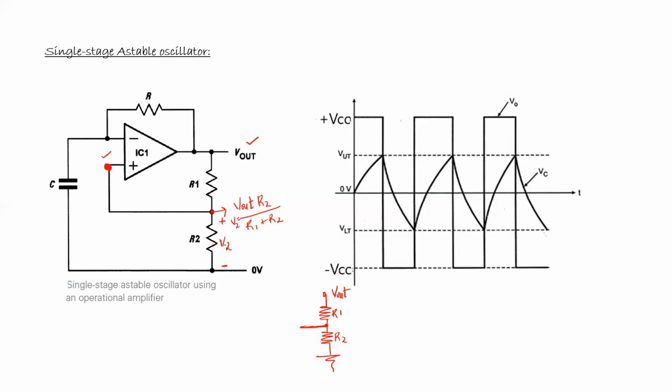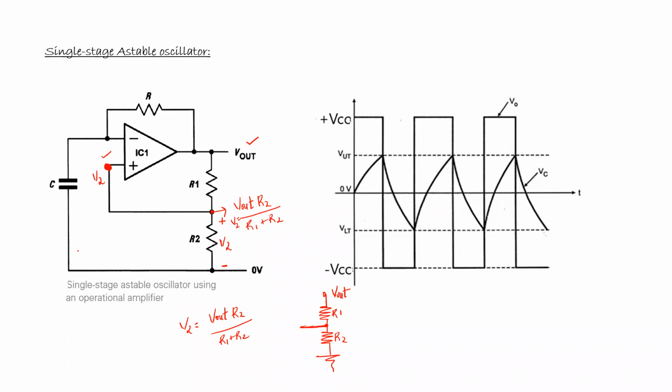Everybody understand this point? So we have V2 here. By the voltage division rule, V2 is given by the total voltage times the resistance where V2 is dropping, divided by the sum of the resistances. That V2 comes here.